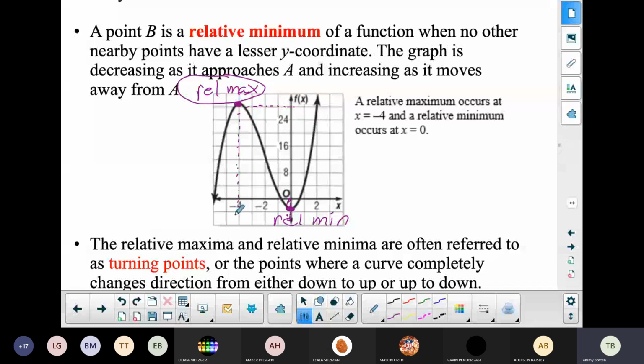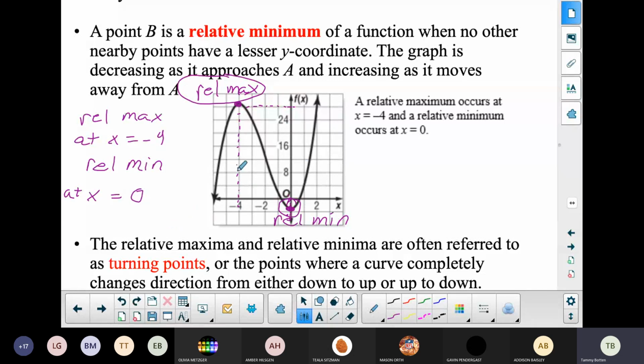So this one, if you kind of follow it down, is going to be a relative maximum at x equals -4. And then the relative minimum is going to be at x equals, now notice here, that's right on the y-axis, so x would equal 0.